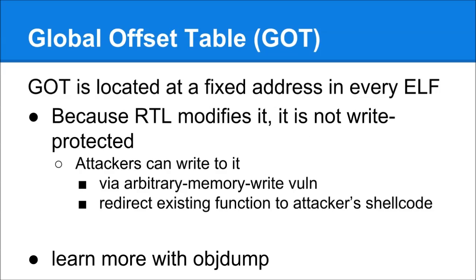So the problem here is the global offset table is located at a fixed address in every single ELF. Because the runtime linker has to modify that segment at runtime, it is not write protected, and it's not so fine-grained that only the runtime linker can write to it. Anyone can write to it.